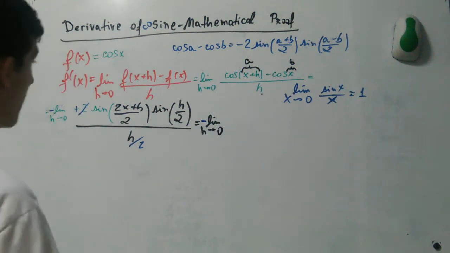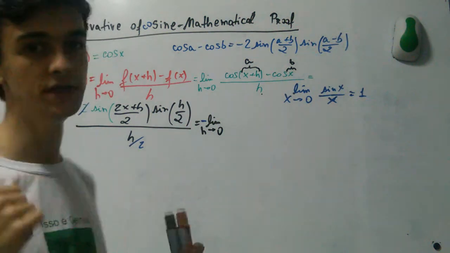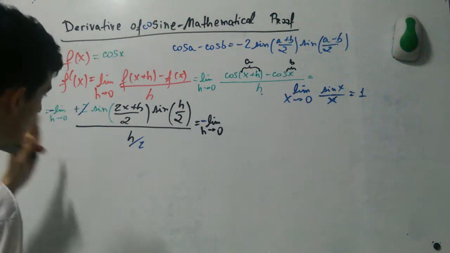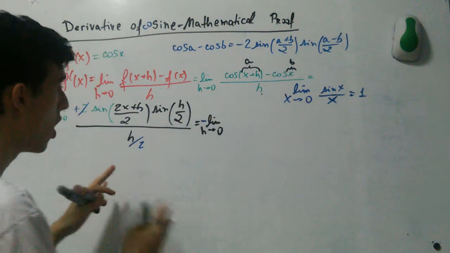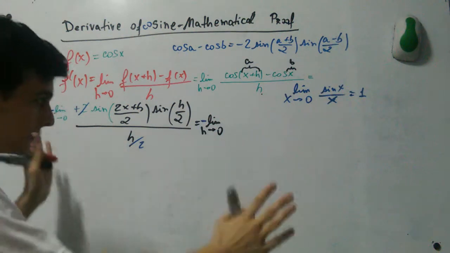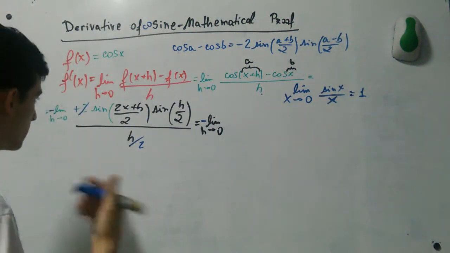And another thing we can do is use the same property of limits that we used in the last video. It's a property that says, when you have the limit of a product, this is equal to the product of the limits of the factors that were being multiplied before. So let's write that. It's going to become clearer.